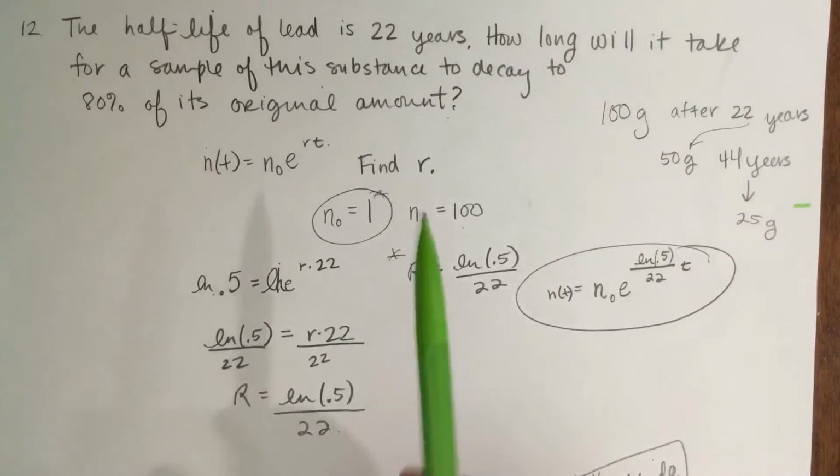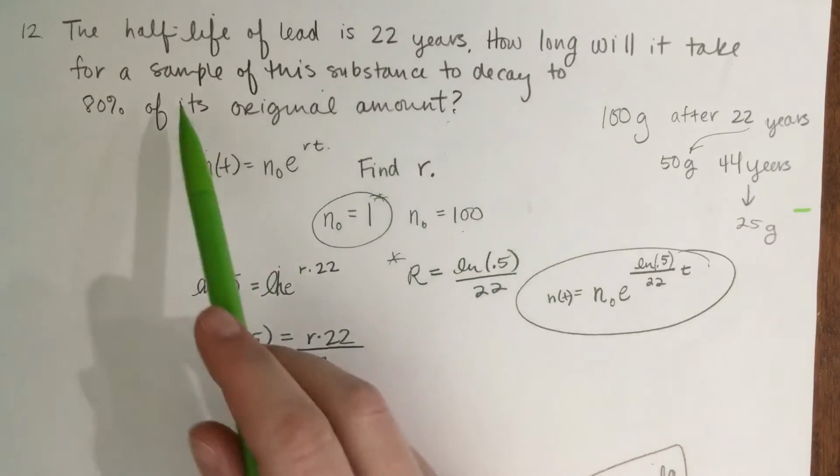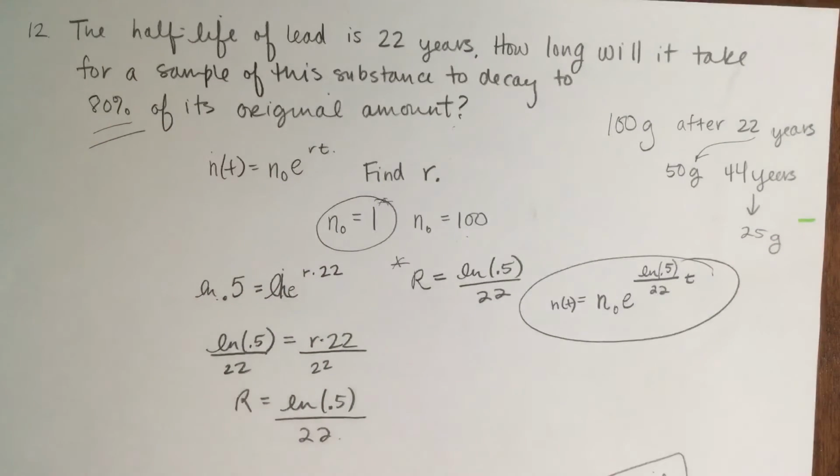But this problem didn't ask for just the function. It asked for the amount of time it would take for this to go to 80% of its original amount. So we should know a few things. We should know if the half-life is 22 years, it takes 22 years to get to half its original amount.